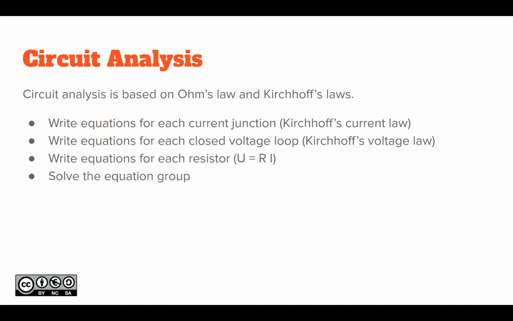Then write equations for each closed voltage loop using Kirchhoff's voltage law. And then the last equations usually use Ohm's law to make the equations for each resistor, or impedance in general. And finally, you solve the equation group. Sounds quite a straightforward way of doing things.